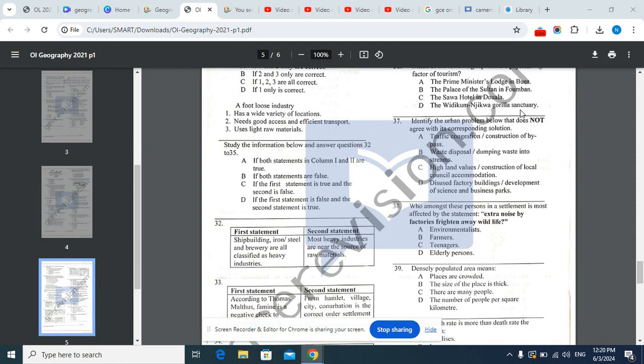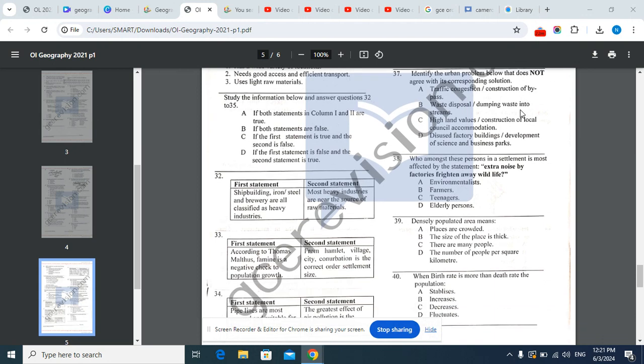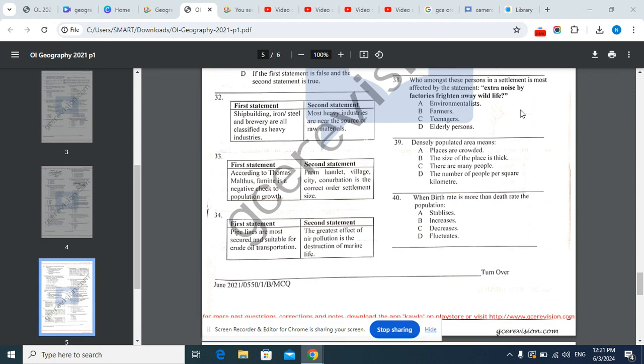Question 39. Densely populated areas means. The answer is A. Question 40.